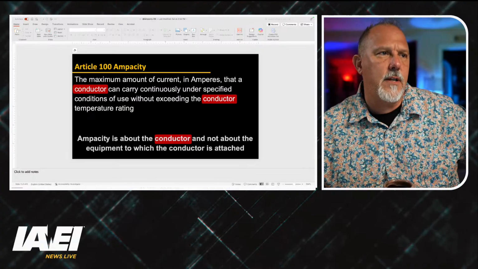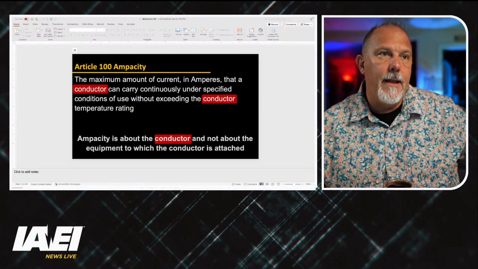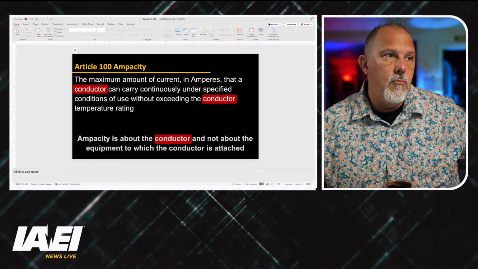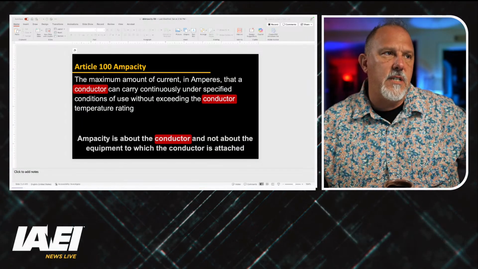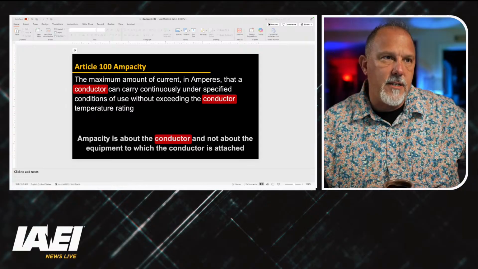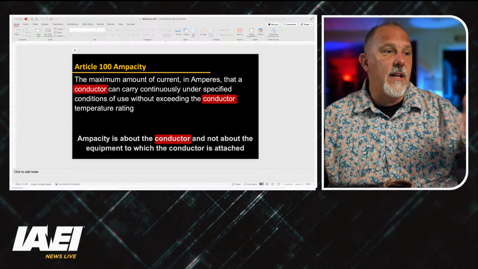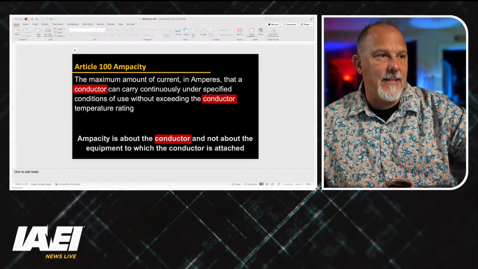It says ampacities for conductors shall be permitted to be determined by tables as provided in 310.15, but it doesn't tell me in 310.14 that I need to adjust it for the conditions of use. I've got temperature limitations. I've got the selection of the ampacity.